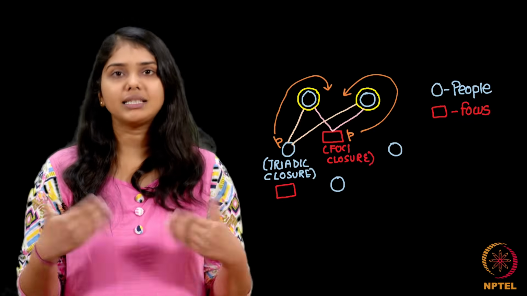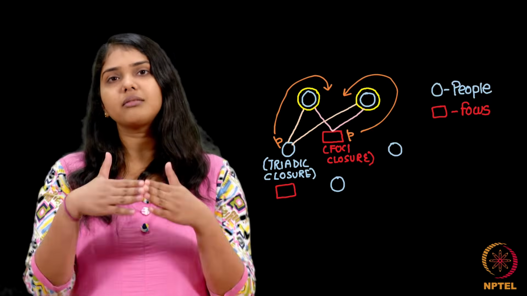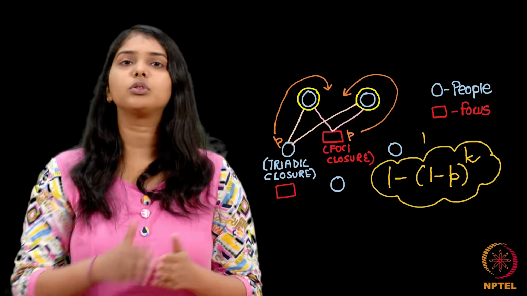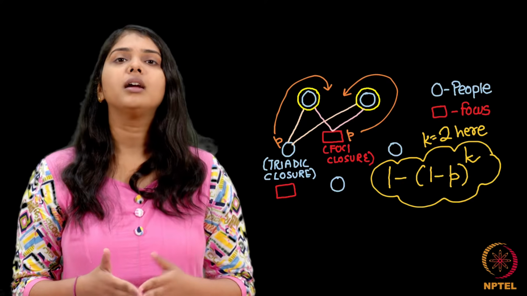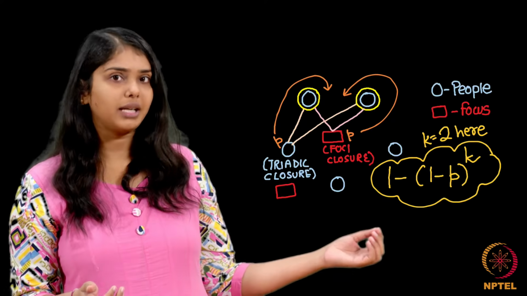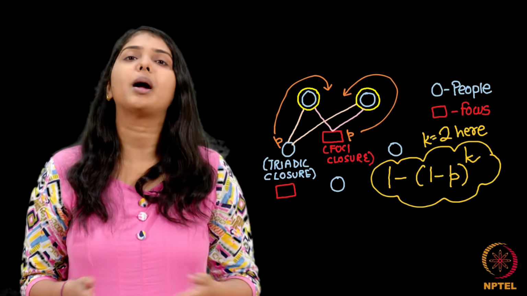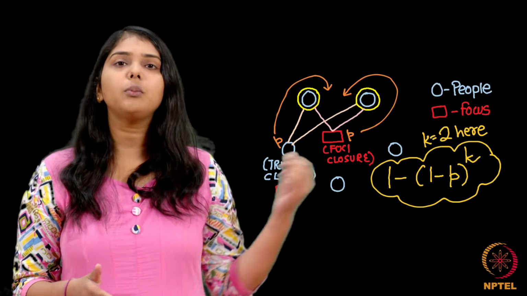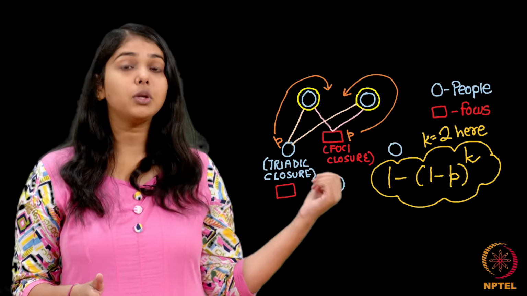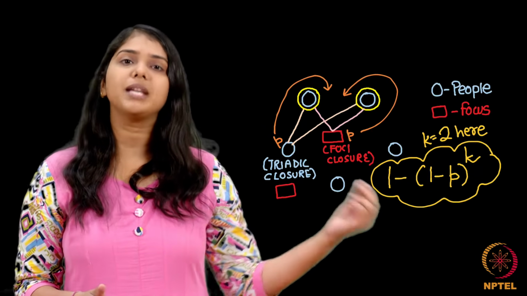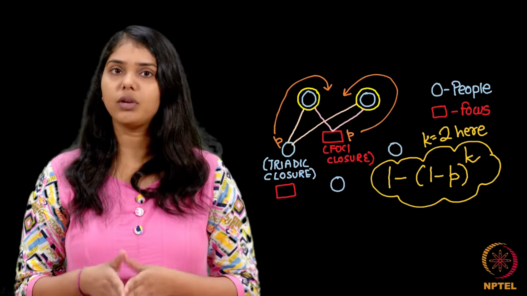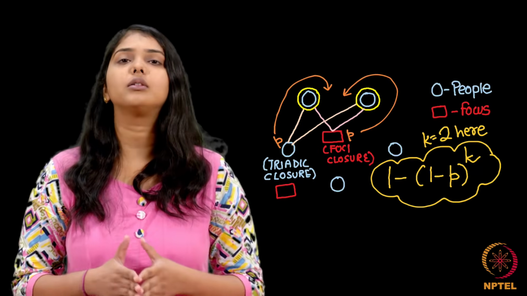We are trying to keep things very simple here. Once we write the complete code, we can change both of these probabilities. We can code it so that a person node has a higher probability of making them friends, and a foci node has a lower probability. But for now we keep both of these the same. Whether it's a common friend or a common foci, it contributes a probability P of both becoming friends, and we use the same formula. That formula helps us achieve both things here, triadic closure and foci closure.